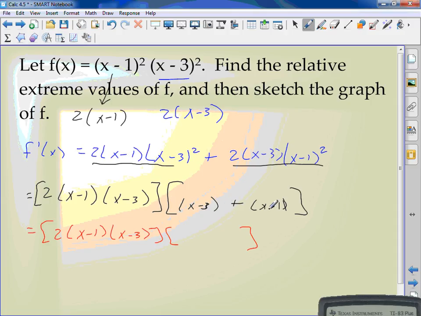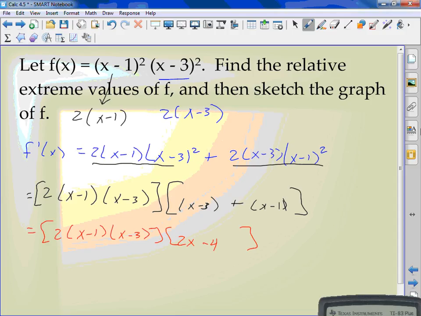What's x and x? We're adding here, so x plus x is 2x. Negative 3 and negative 1 is negative 4. I'd have it factored.